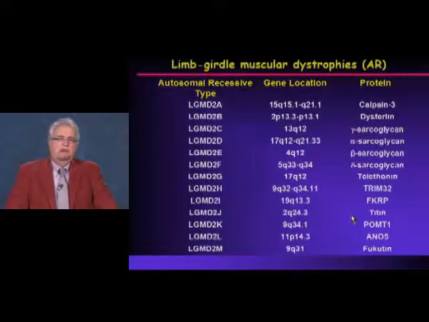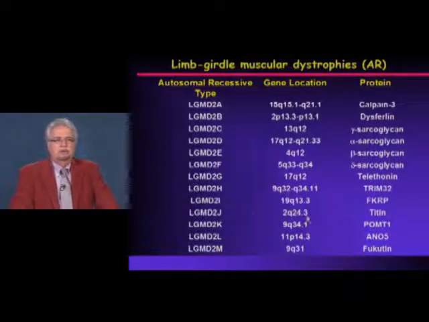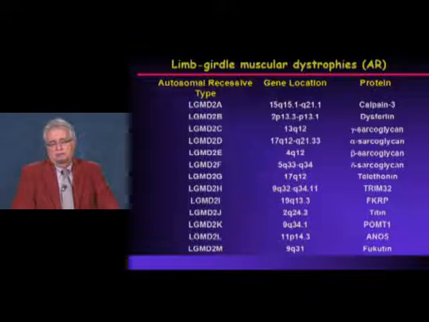And then we have a much longer list of autosomal recessive muscular dystrophies due to deficiency of all of these proteins that have been localized. The genes can be localized to all these chromosomes. And we're talking about calpain-3 deficiency. A lot of patients have what we call calpainopathy.